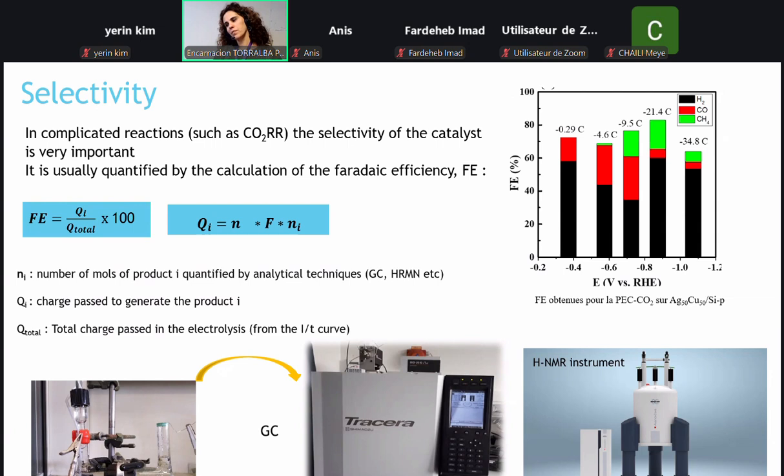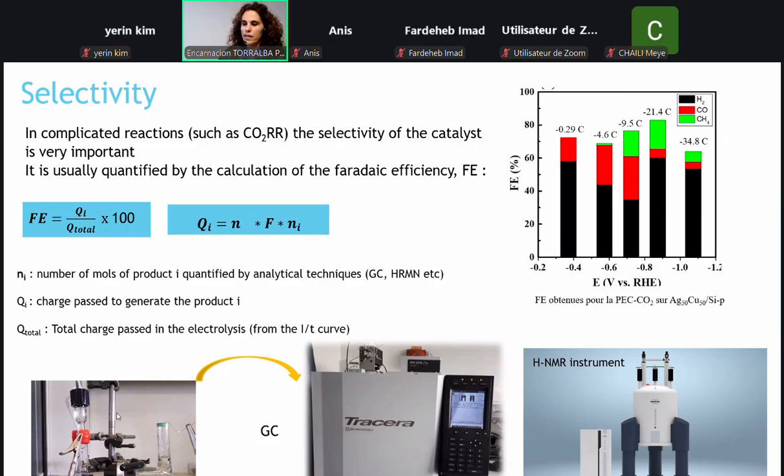And then I use, depending on the product that you want and the reaction, for me, I use gas chromatograph to analyze the gases, and I use NMR to study the liquids that I obtain in my reaction.